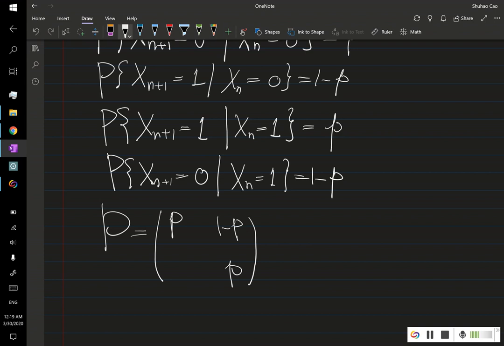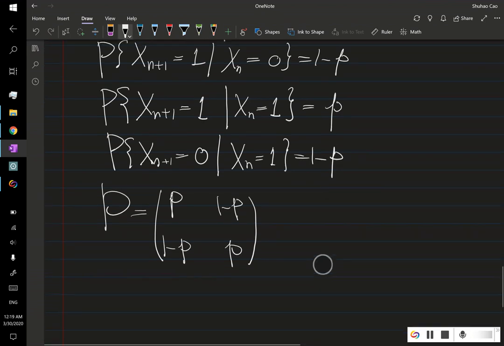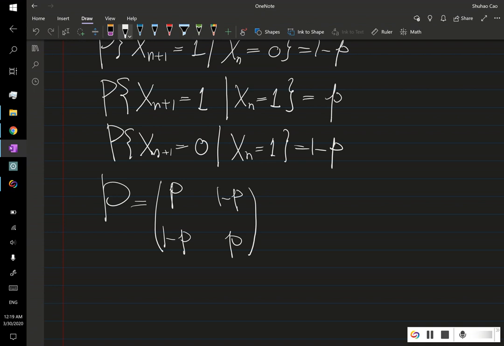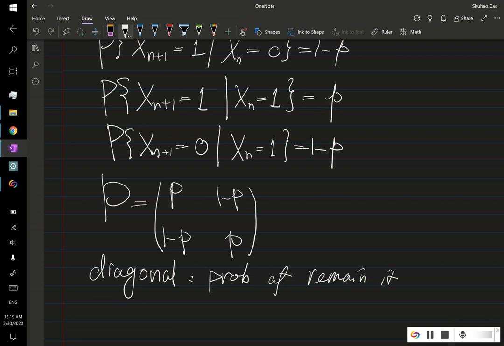The off diagonal means the probability of changing to another state, and the diagonal is the probability of remaining in the same state.